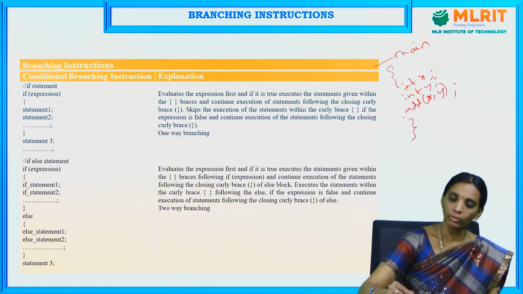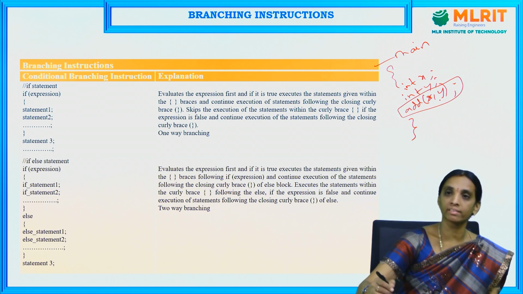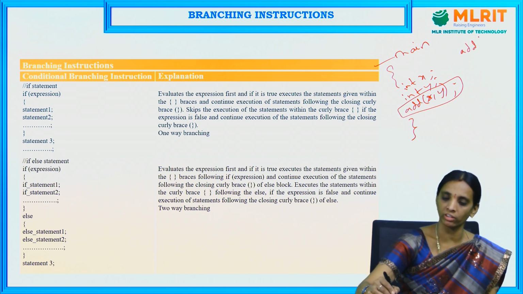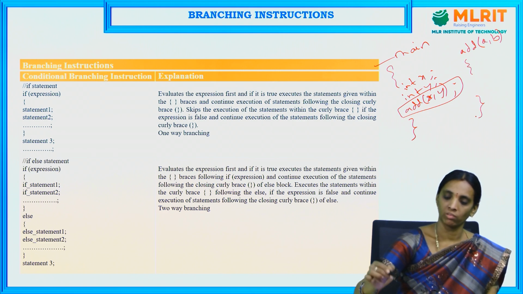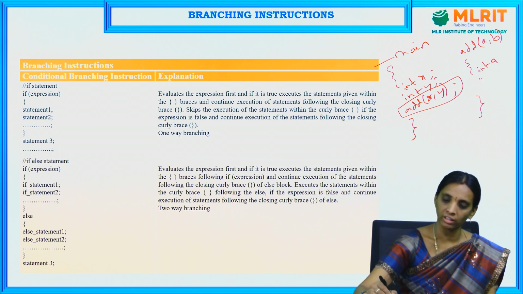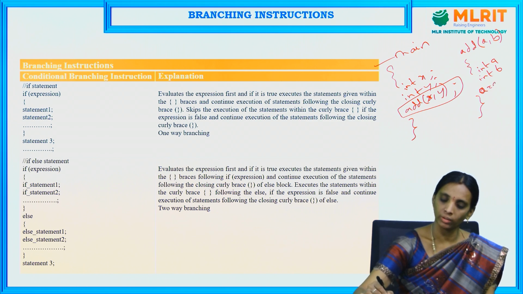Here we need to define this add x comma y separately as a function. So add a comma b, where integer a, integer b, a equal to a plus b.